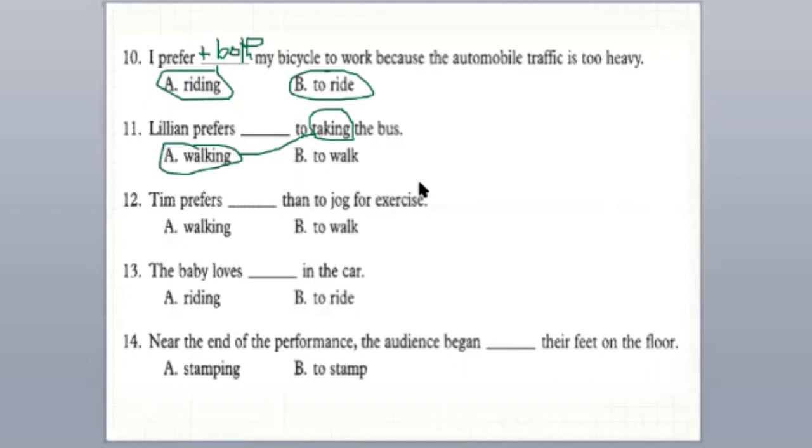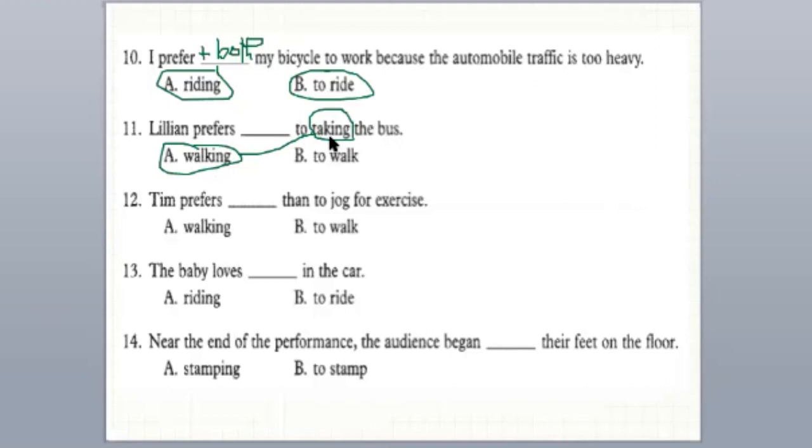So because we have ing here, we need to use ing here. Even if the verb prefer can be followed by both gerund and infinitive, we don't have that choice here. We only have one choice, which is ing form, because it should go hand in hand with the verb taking, which is in ing form, to achieve the rule of parallelism or parallel structures in grammar.